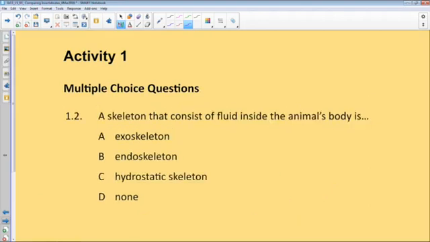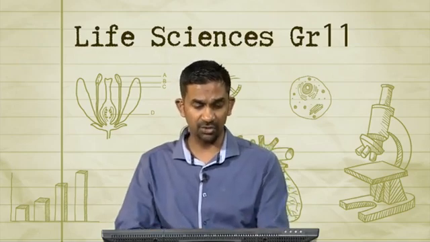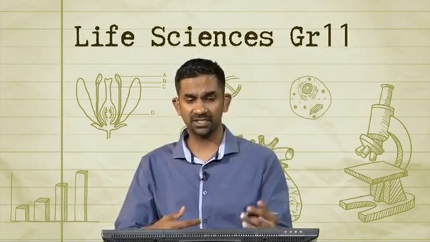1.2. A skeleton that consists of fluid inside the animal's body is referred to as what? Remember we looked at endoskeletons, exoskeletons, and hydrostatic skeletons. We know that organisms with an external outer covering, and we see this in arthropods, have an exoskeleton. We and other vertebrates have an endoskeleton. So humans have an endoskeleton, and that's found internally.